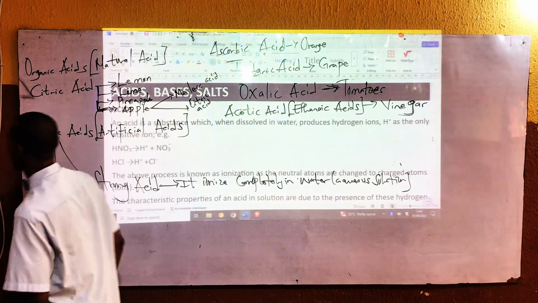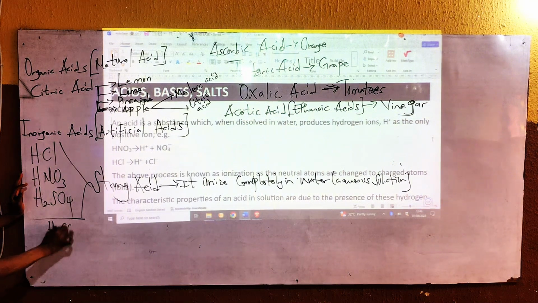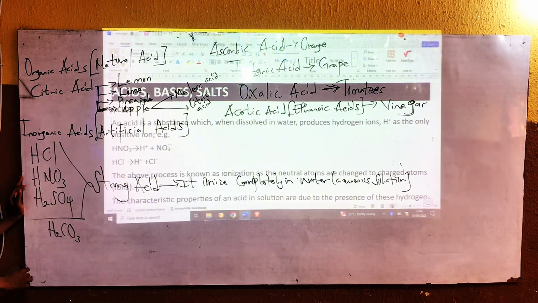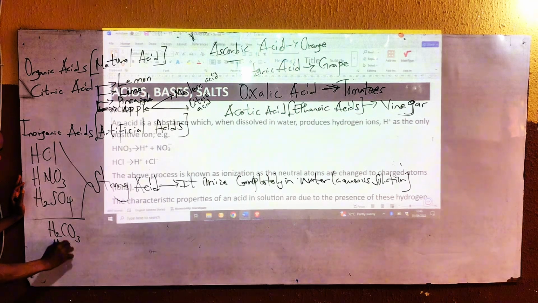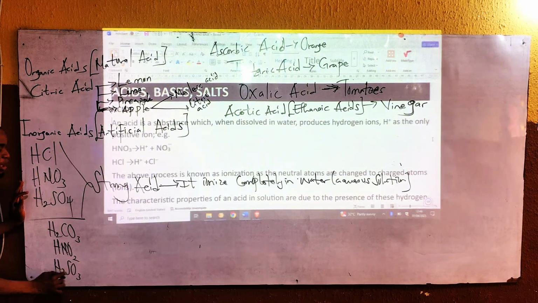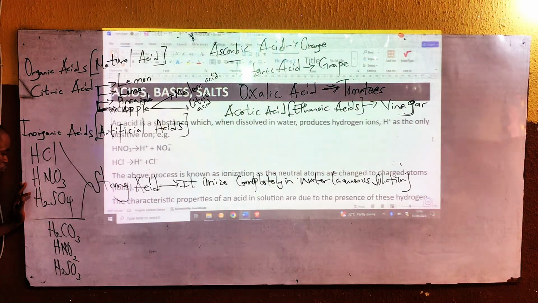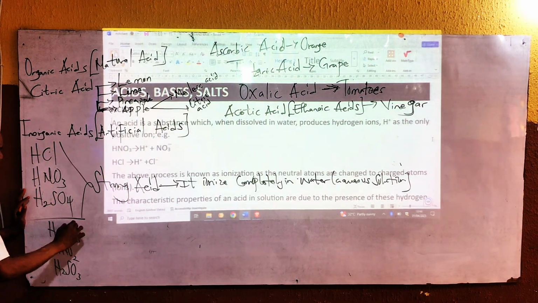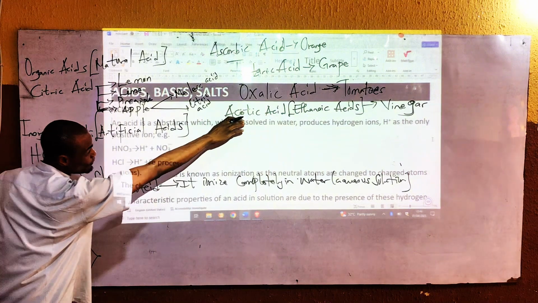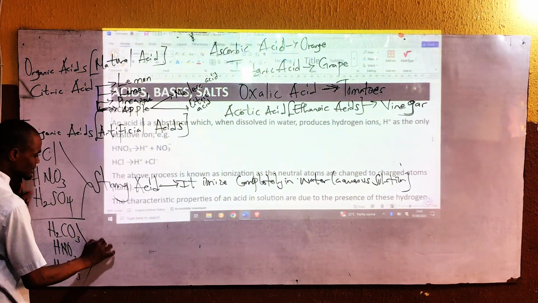But when we talk of other acids, you have H2CO3, carbonic acid. We have HNO2, nitrous acid. You have H2SO3, sulfurous acid. Ethanoic acid is also a weak acid.